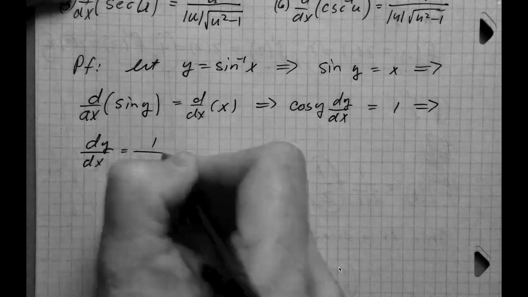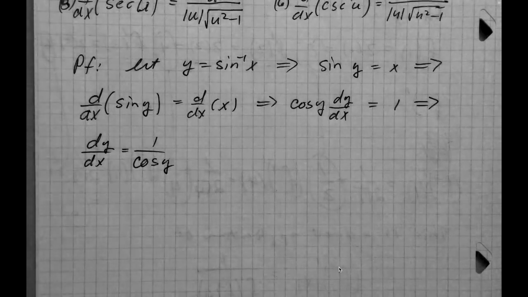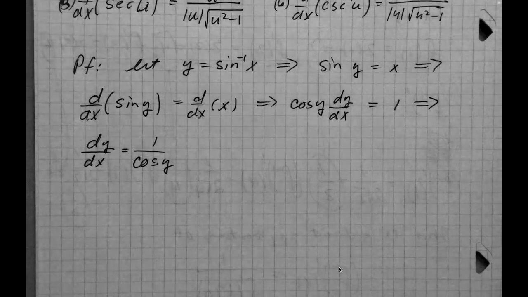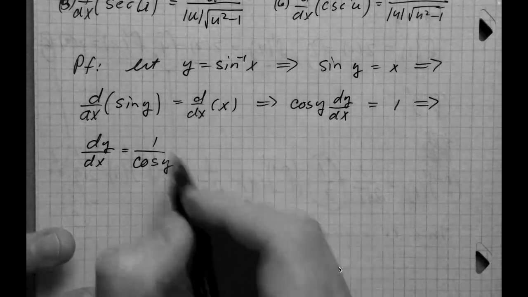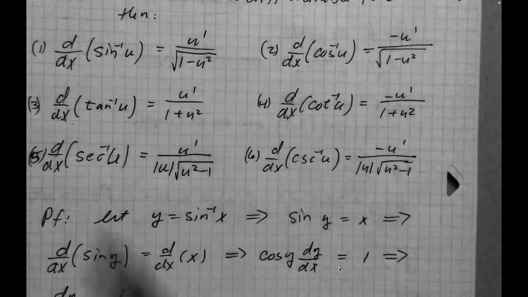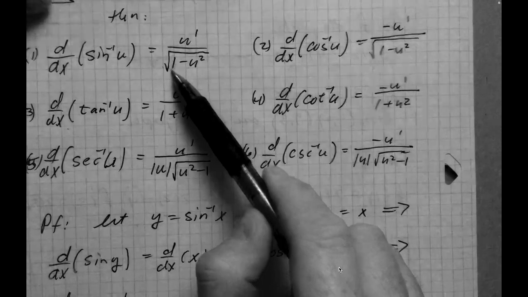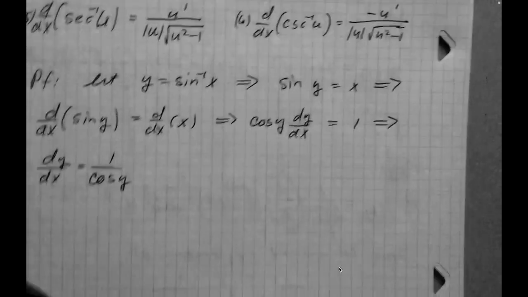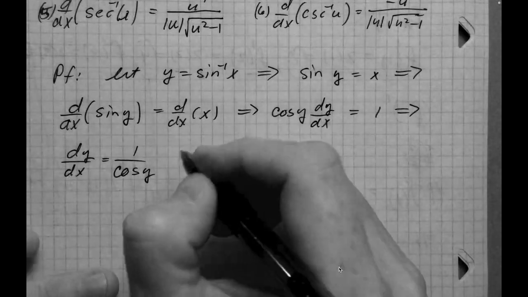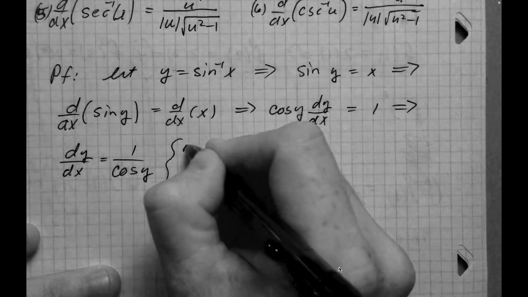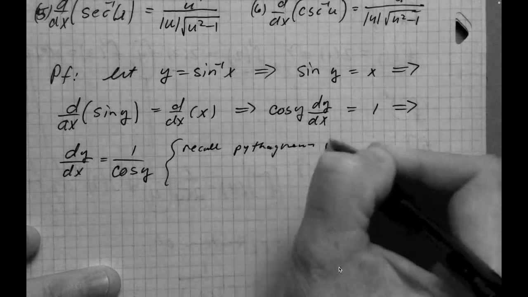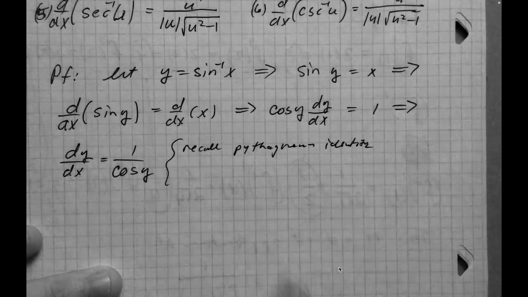And so then we can solve this for dy dx, and we get 1 over cosine of y. To get into the form that we want up here, which in our case would be 1 over the square root of 1 minus x squared, we have to recall the Pythagorean identity for sine and cosine.